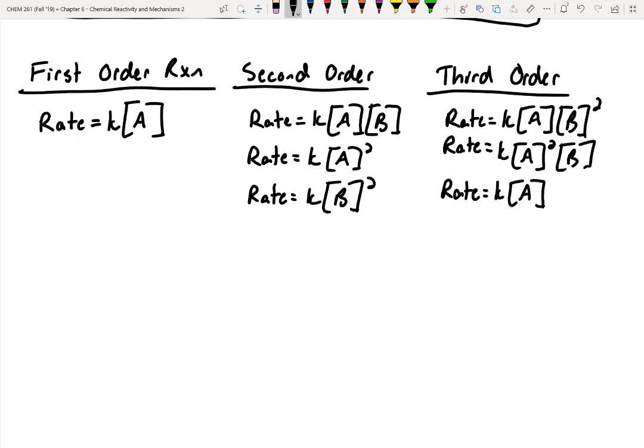I'll just call this A, B, C. All of these would be examples of third order reactions, right?